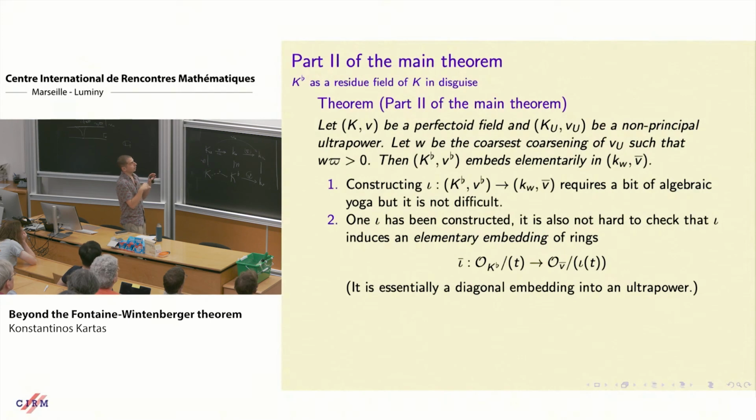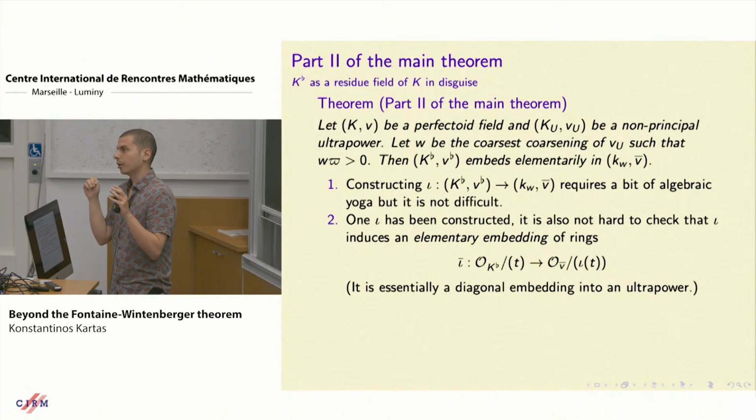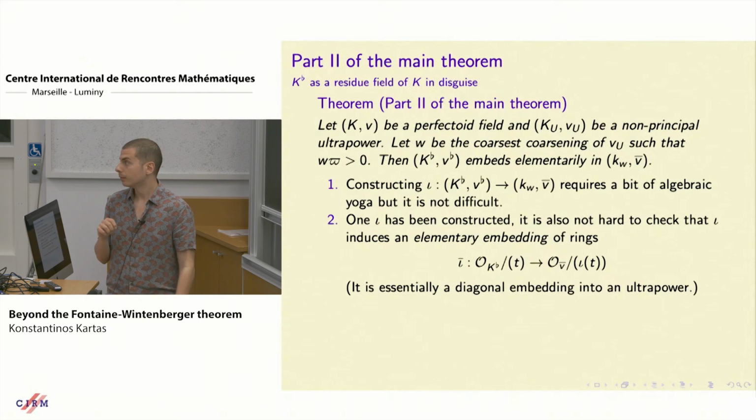So if you look at this map, which I haven't introduced, and you look at the induced map iota bar at the truncated level, then this will almost be a diagonal embedding into an ultra power once you unwind the definitions.